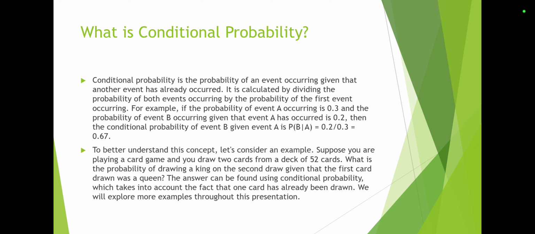For example, if the probability of an event A occurring is 0.3 and the probability of event B occurring given that event A has occurred is 0.2, then the conditional probability of event B given event A is P of B by A. Probability of event B by event A is equal to 0.2 by 0.3, which is equal to 0.67 according to the given data.